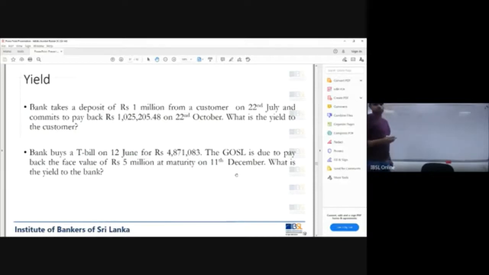Bank buys a treasury bill on 12th June for 4871083. The government is due to pay back the face value of 5 million at maturity on 11th December. Face value of 5 million.